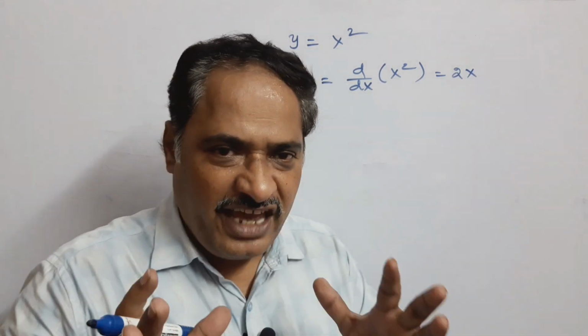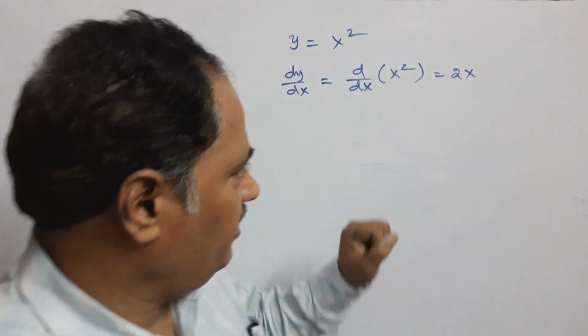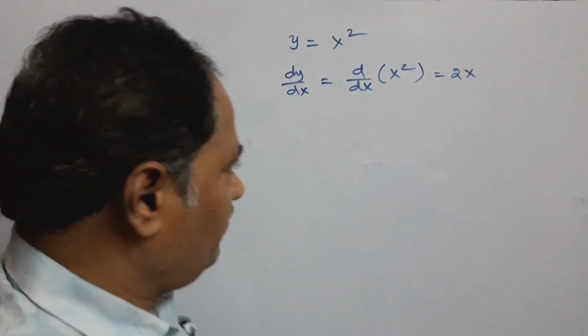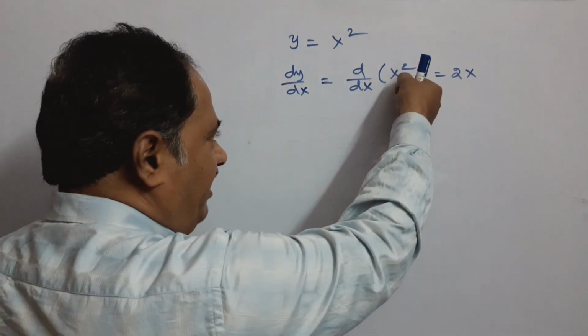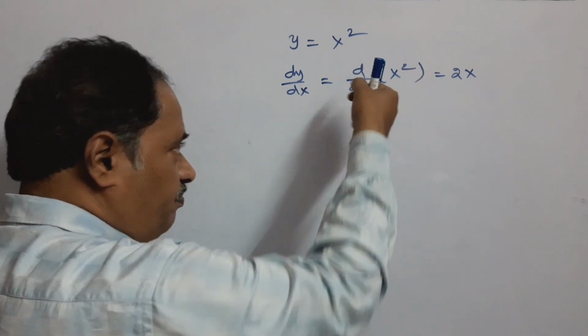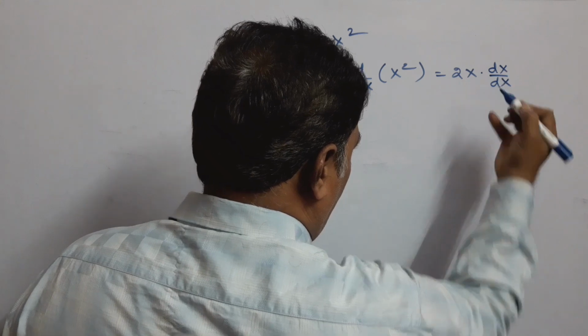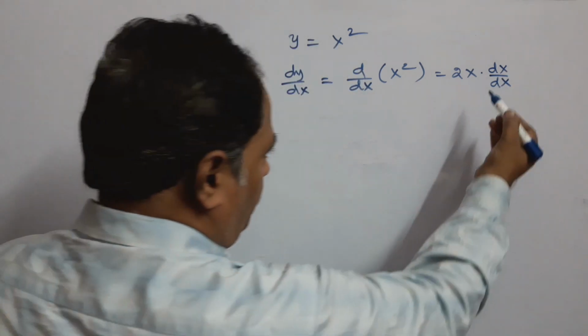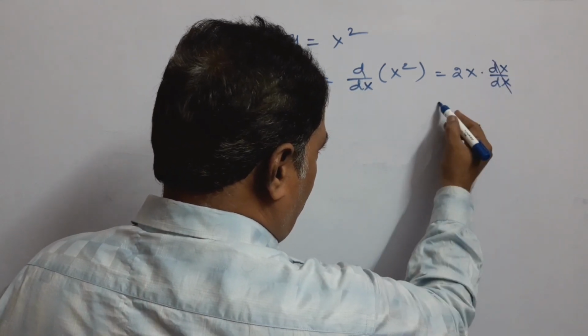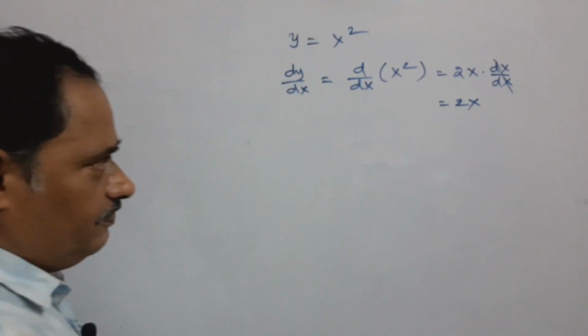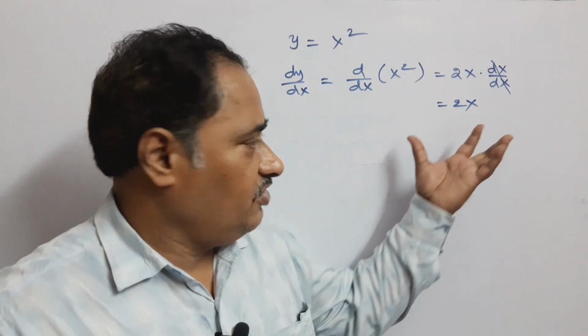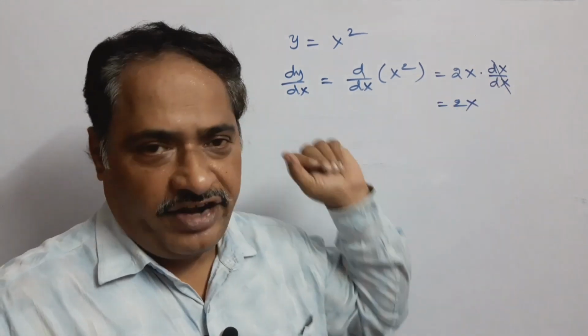As far as the exact theory is concerned, you are differentiating the x function with respect to x, so you write 2x into dx by dx. Of course, this value gets cancelled and you get 2x. Here there is no change; simply you can write 2x.